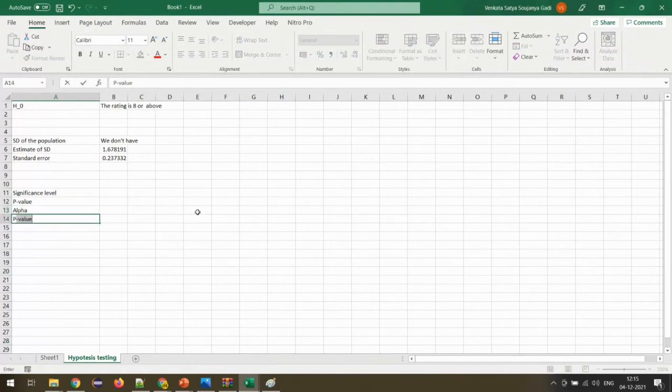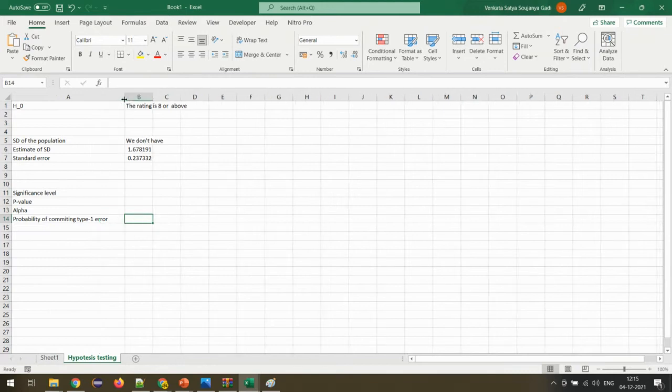It is the probability of committing type 1 error, meaning how much error is acceptable. It should be a very small number. Let us say it is 5%, which in probability terms is 0.05, right?